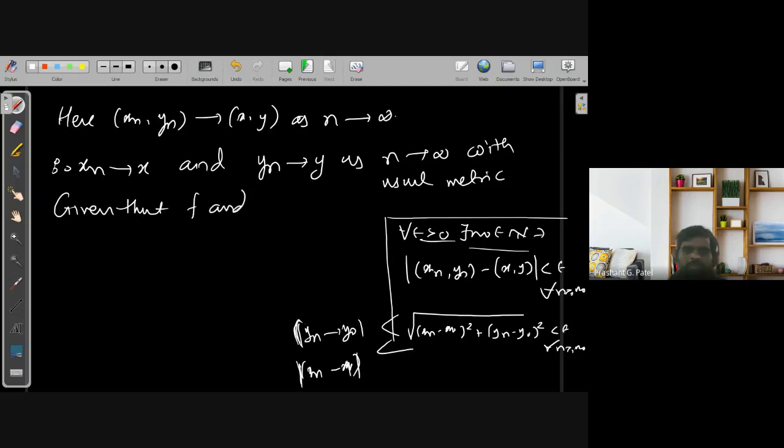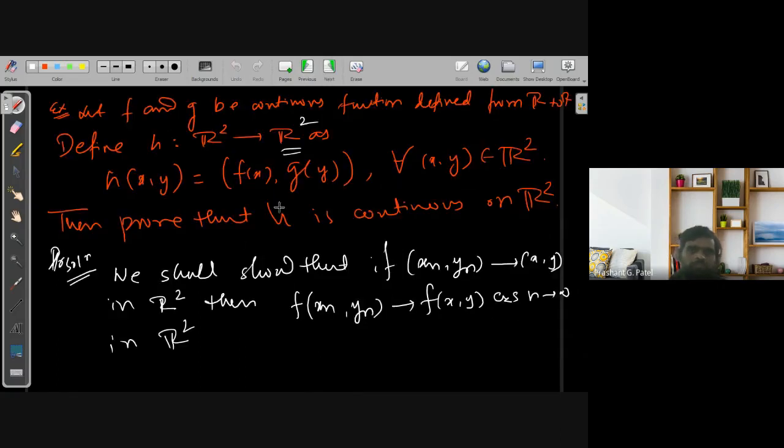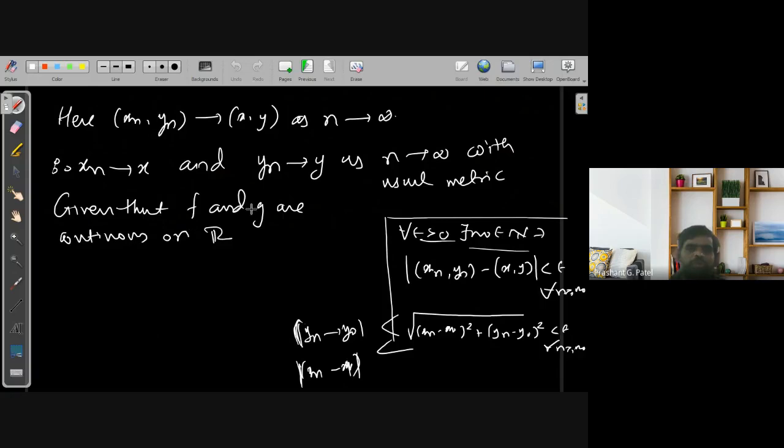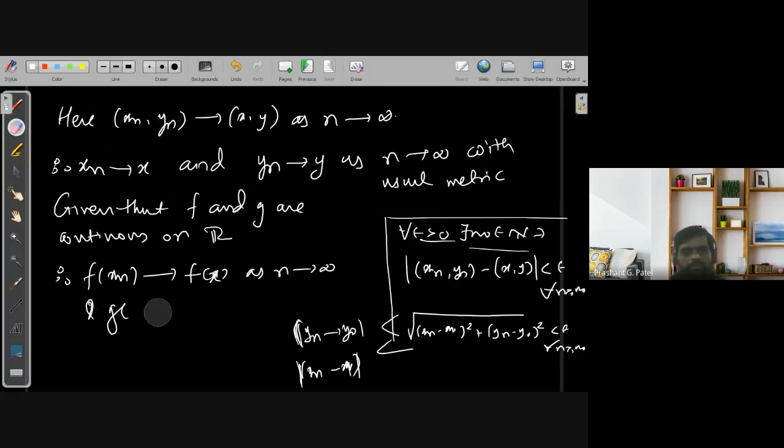And what is given is that f and g are continuous on R, defined from R to R. So by the property of continuous functions, f of xn converges to f of x as n tends to infinity, and g of yn converges to g of y as n tends to infinity.